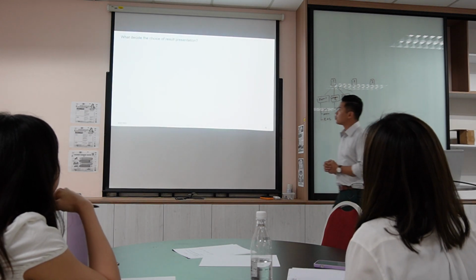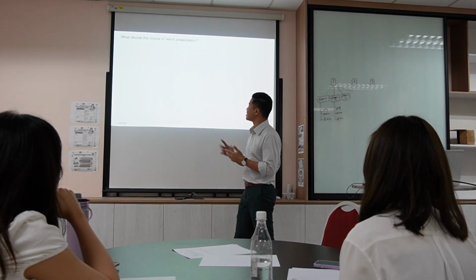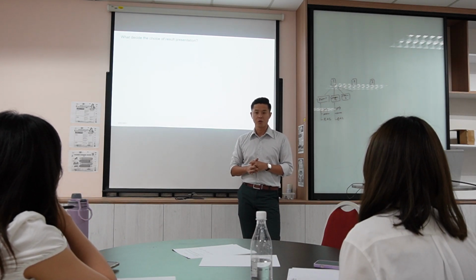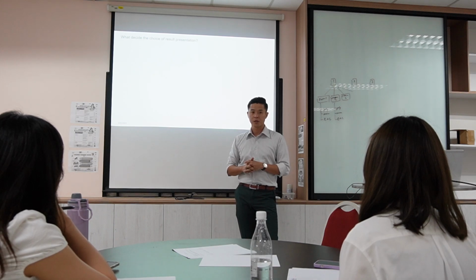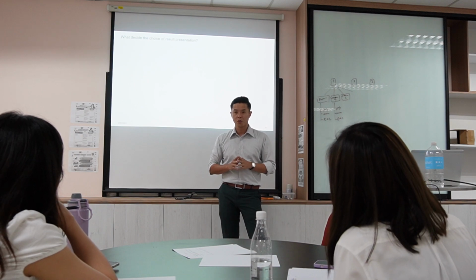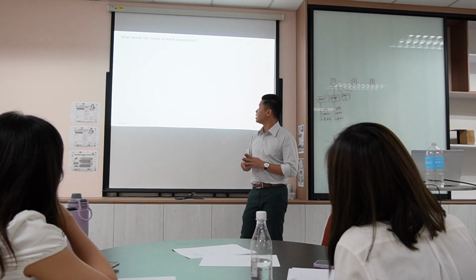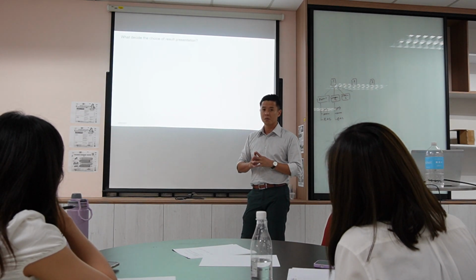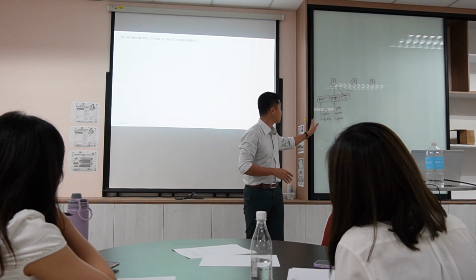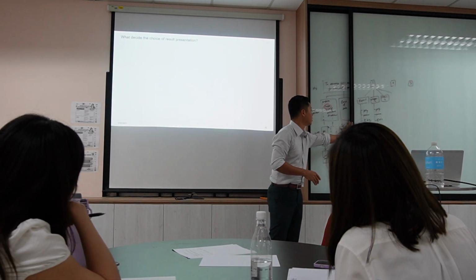So if I ask you, what decides the choice of the result presentation? If, let's say, you're going to plot a chart, any chart, what would be the decisive factor? Okay, we know the key driver is one.